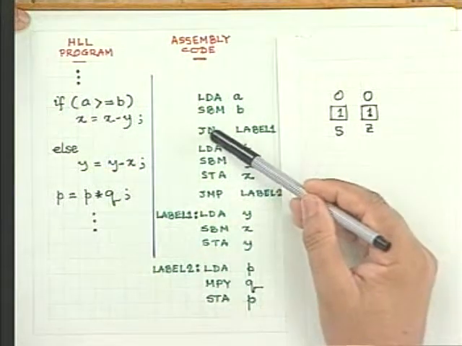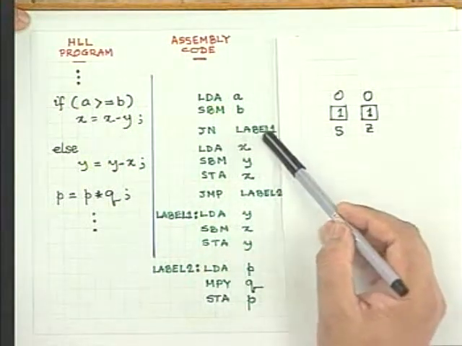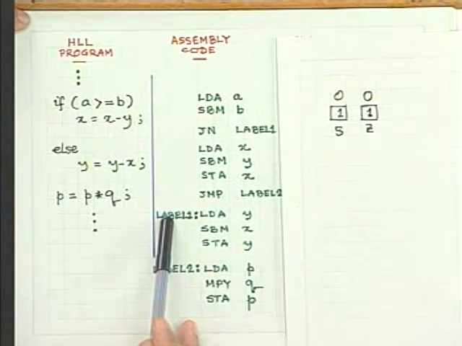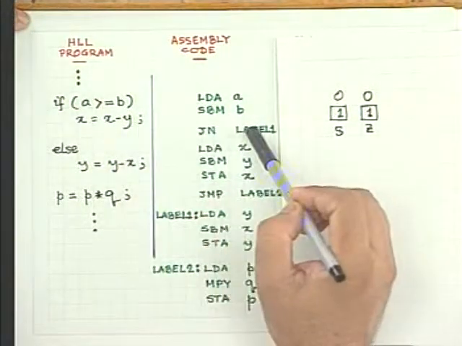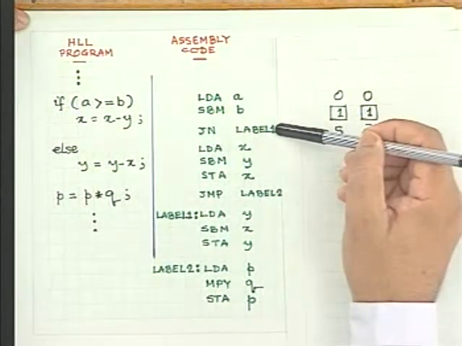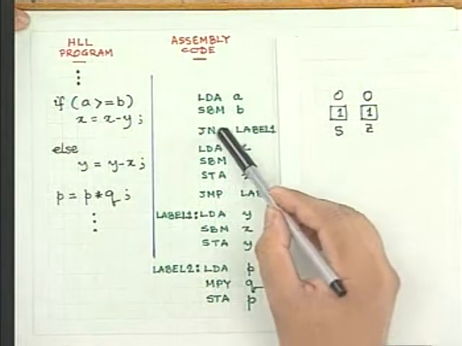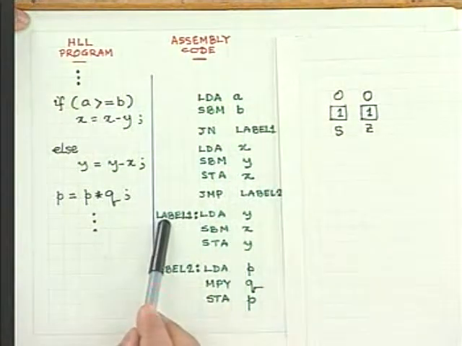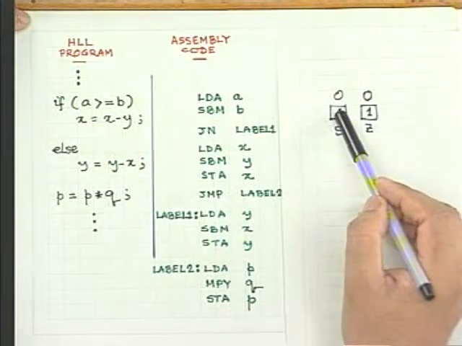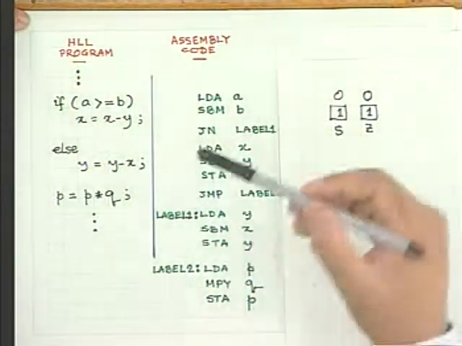That means if the result is negative, then jump to label 1, that it jumps from here to here, okay? But if the result is non-negative, then this is executed. Therefore, this constitutes a two-way jump. Jump negative, it comes over to here. By negative, you mean that if the sign flag is set to 1, okay?